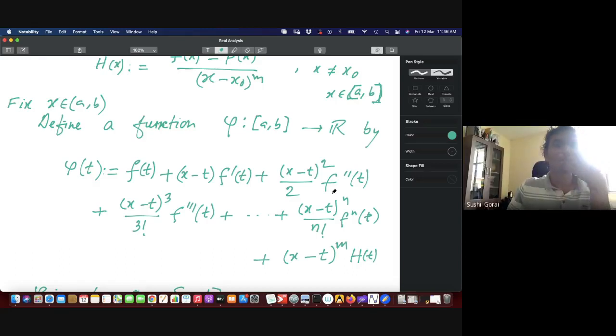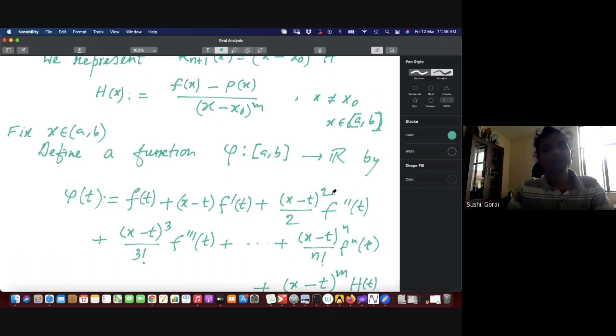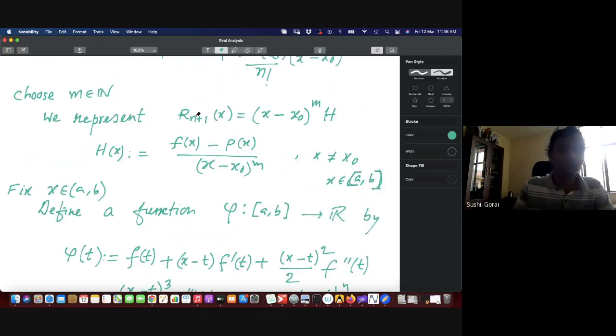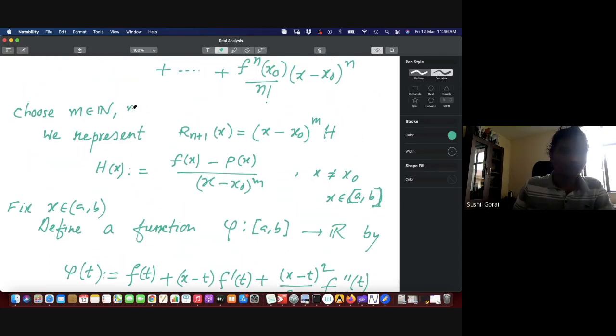So what we want is m to be less than or equal to n. We don't want more than that.